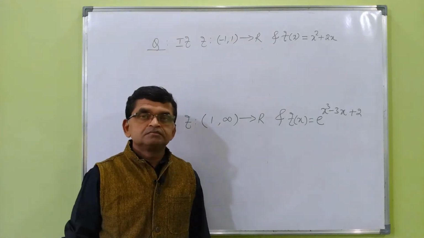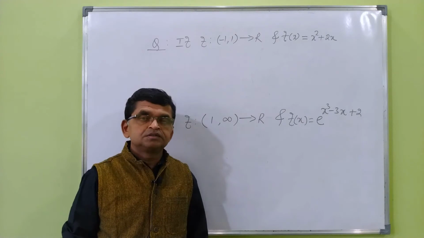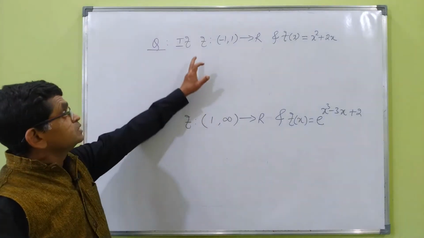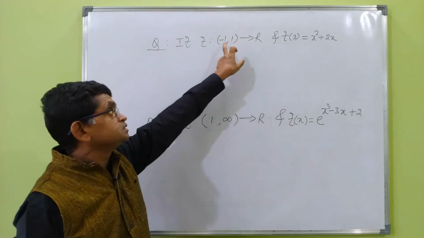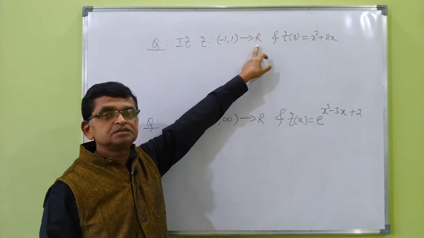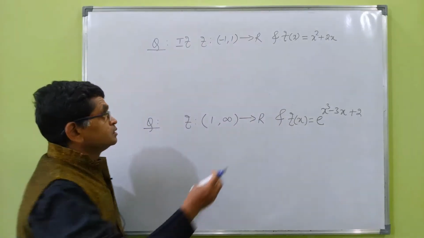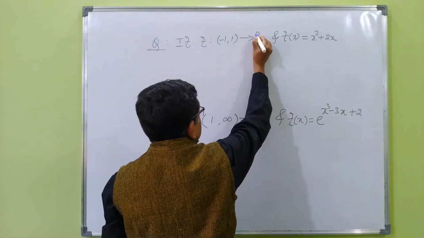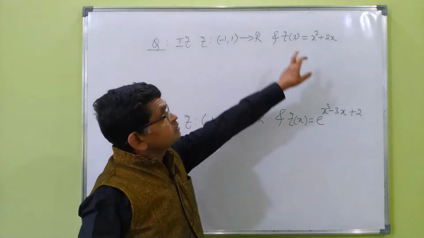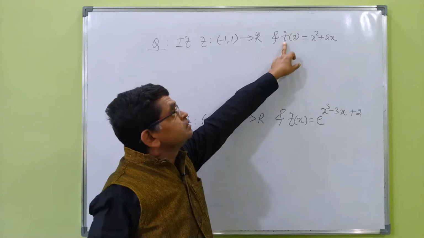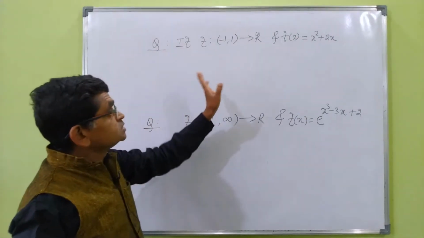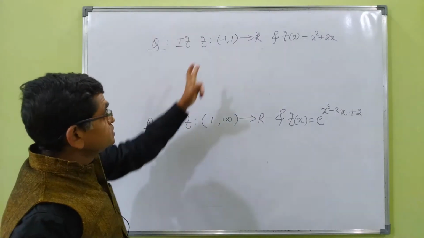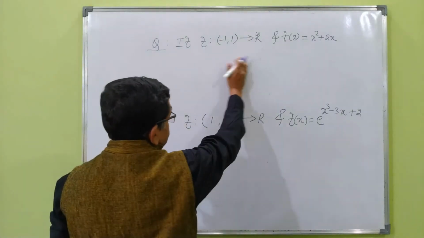Let us consider examples. Suppose f is defined from (-1, 1) to R. This is the domain and the range is the real line. The functional form is given by x squared plus 2x. You have to check whether this is one-to-one or not in this domain.